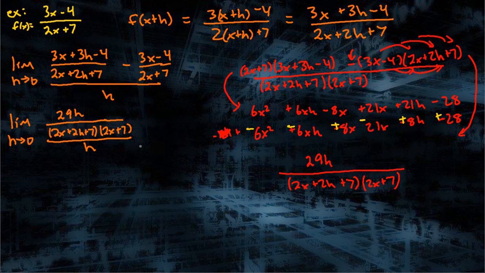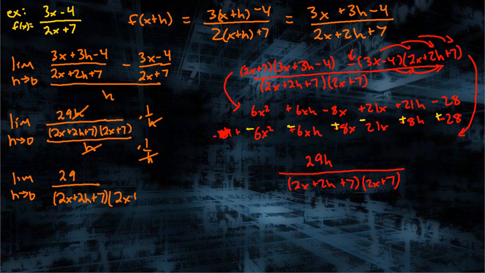I can't have that go to 0, so times 1 over h times 1 over h. Those cancel, gives me 1. That cancels, gives me 1. So I can have the limit as h approaches 0 of 29 all over 2x plus 2h plus 7 times 2x plus 7.